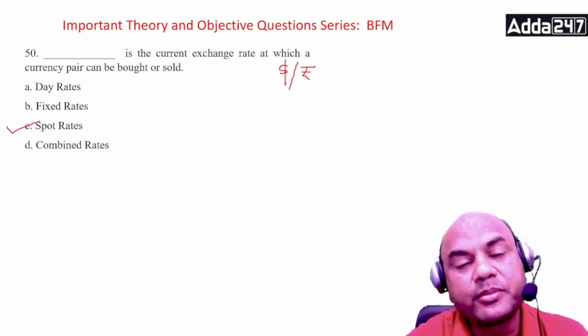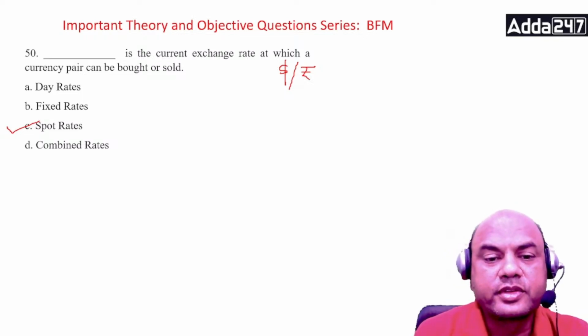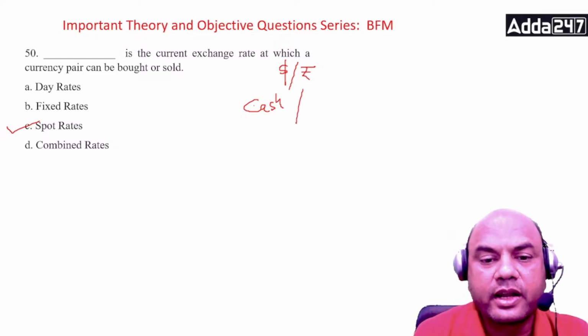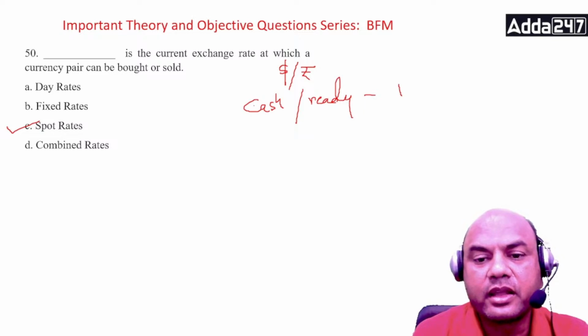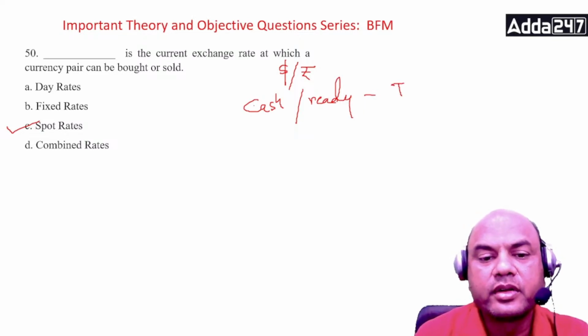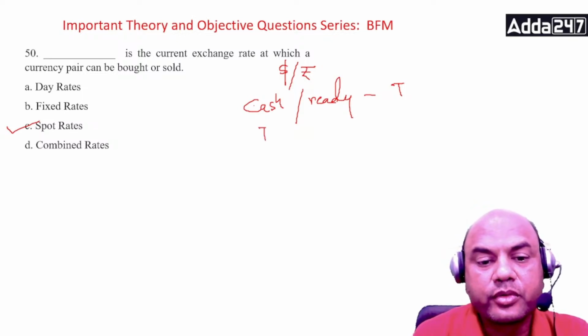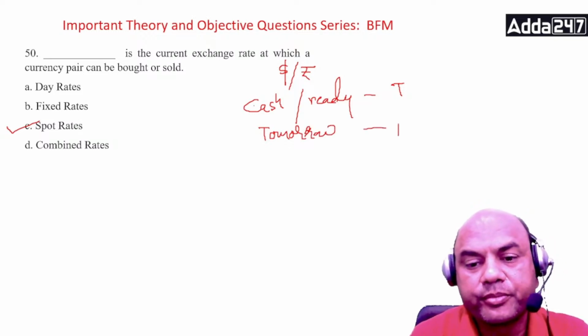Let me get back to the basics. Same day is known as cash, or we call it ready. Cash or ready, that is on the same day. If I am doing the dealing tomorrow, settlement tomorrow, it is called Tom.